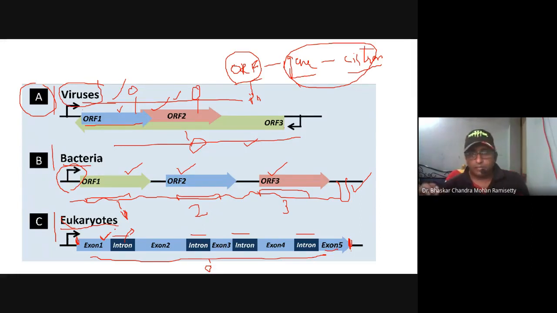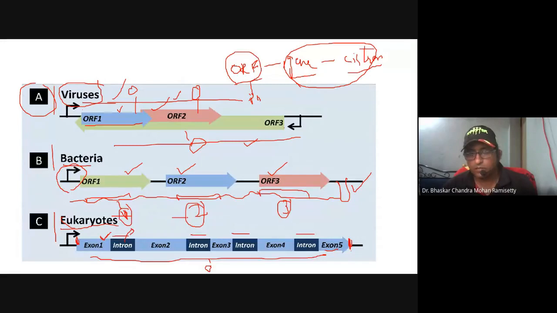What is the difference between the proteins produced from one bacterial mRNA and the proteins produced from one eukaryotic mRNA? If you can recollect that, we're doing a good enough job. In bacteria, all the proteins are completely unrelated to each other. There may not be any similarity between these three proteins.